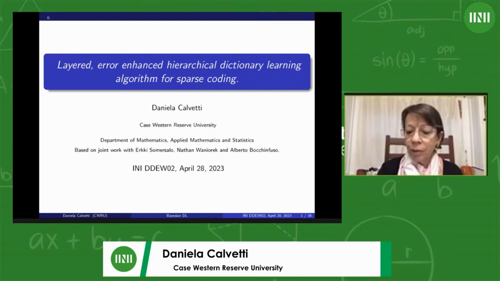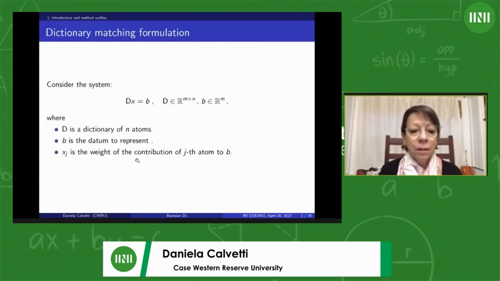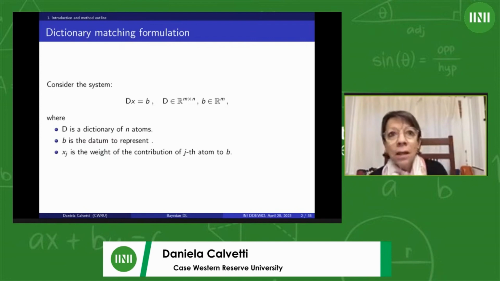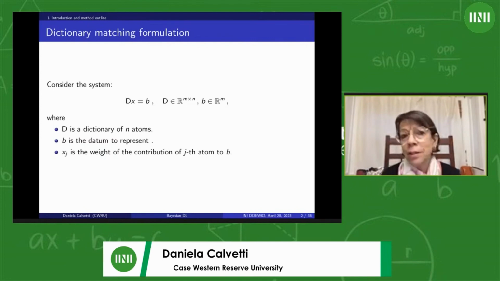So the motivation for this work has been pretty much the interest in looking at dictionaries and trying to see how much we can learn if we have a dictionary of potential outcomes. But the part I'm particularly interested in is the computational aspect.